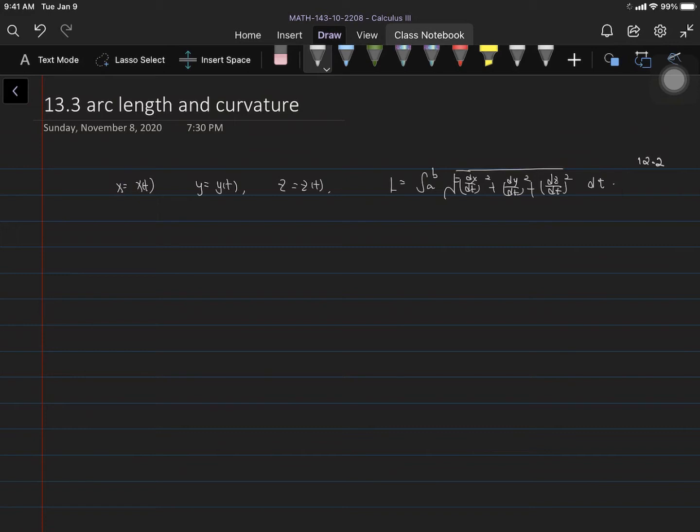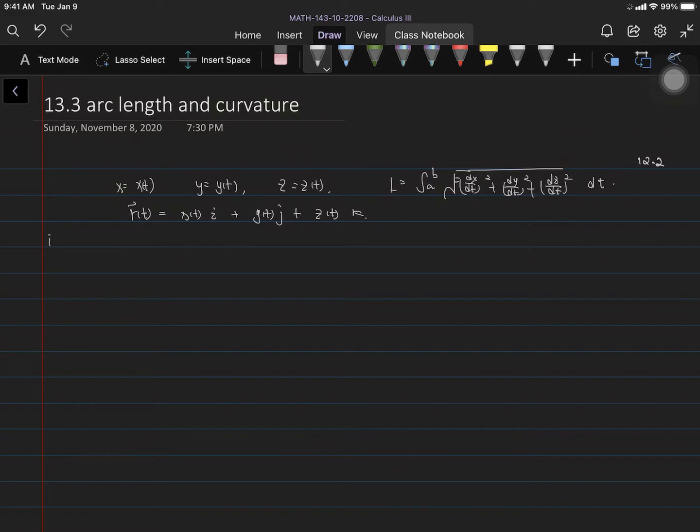Now in general, our curve is given by r(t), very similar to that one. r(t) is given by x(t) i plus y(t) j plus z(t) k. This is our smooth curve in space, right?